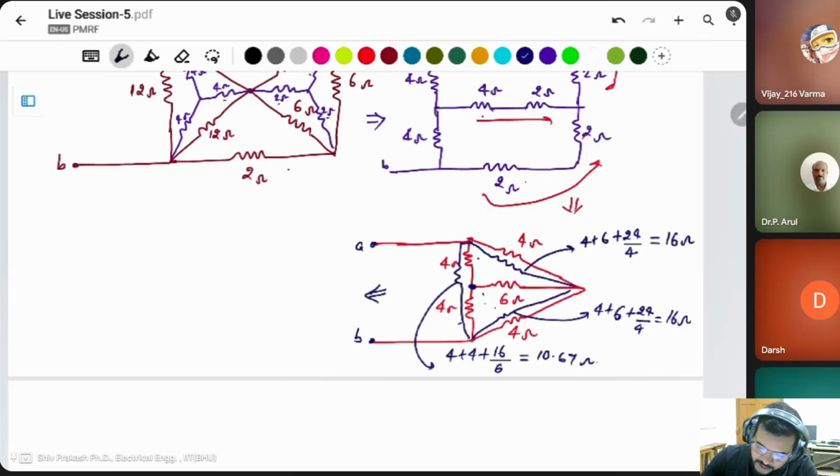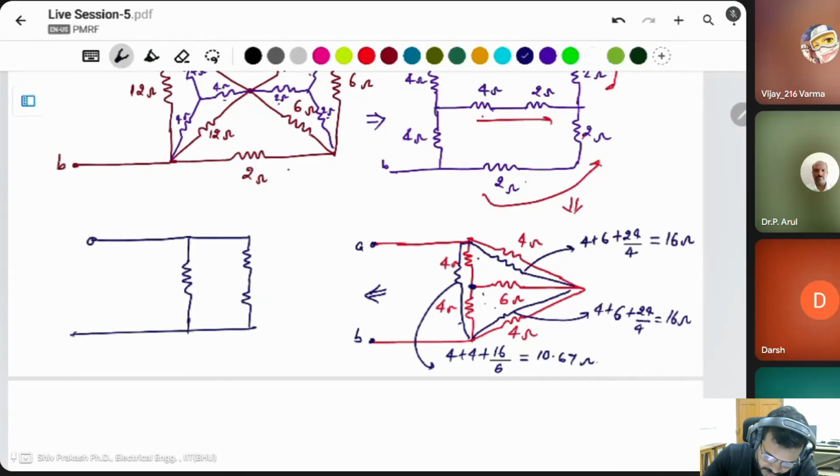Then these two are connected in series. This is a single resistor and this is connected in series. Terminal A, B. This is 10.67 ohm. Then these two are in parallel combination, 16 and 4. 16 and 4, this will be 64 divided by 20.